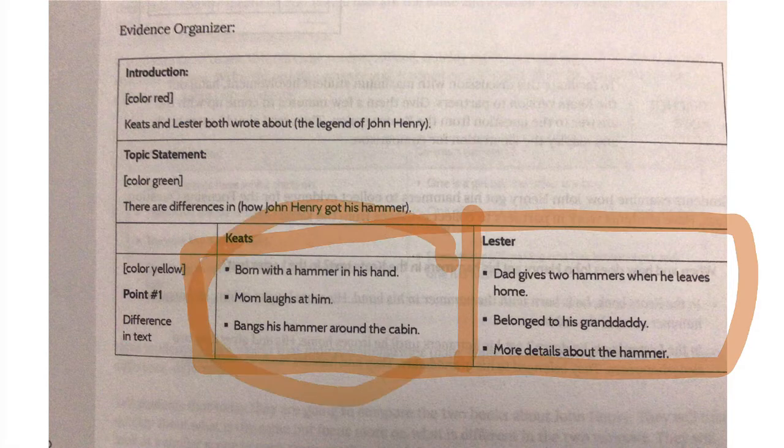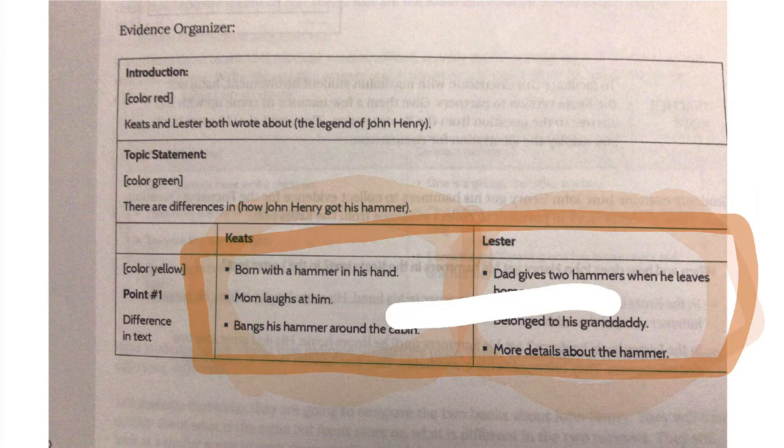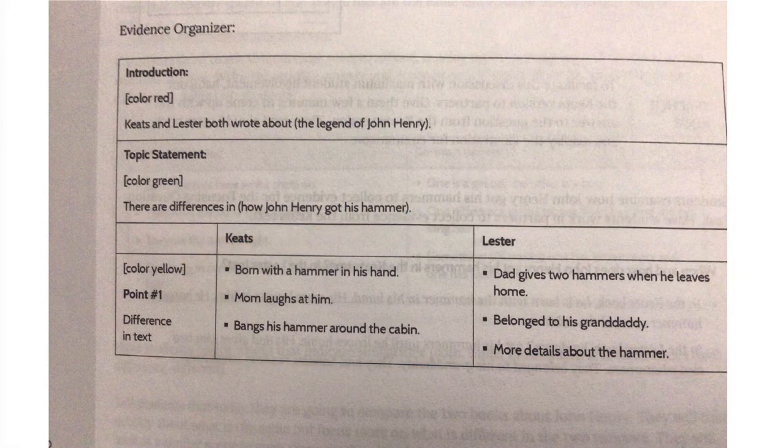So we have what happened in the Keats book, that first John Henry book, and then we have what happened in the Lester book, or the second John Henry book that we read. We'll highlight these in different colors so that they're easier to see.